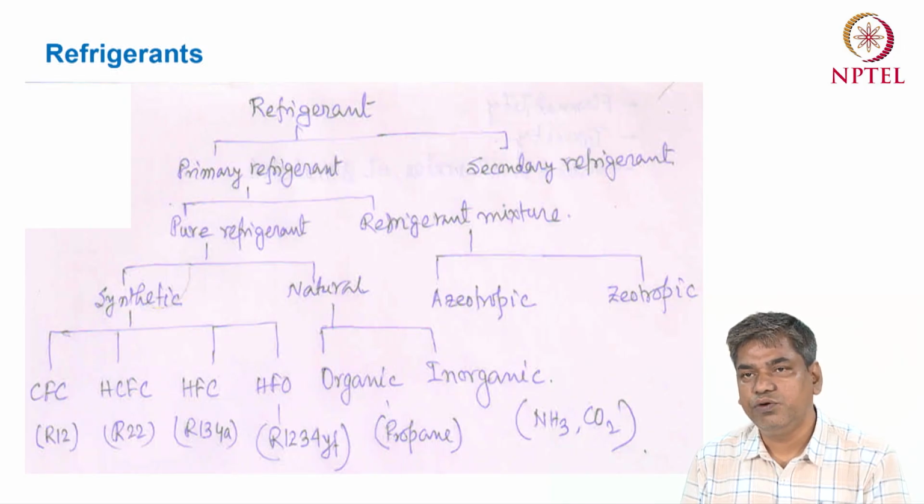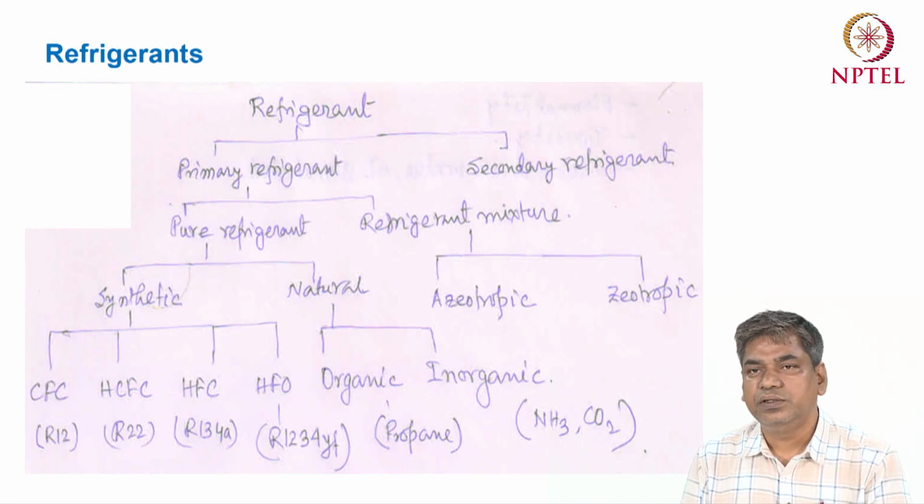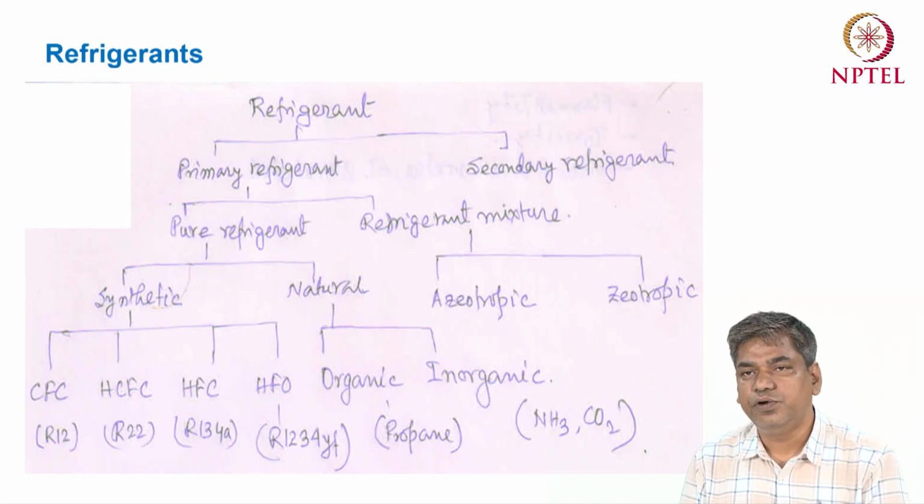And then the new, fourth generation refrigerant, which is the HFO refrigerant, hydrofluoroolefin. This is basically an unsaturated compound, and an example is R1234yf.